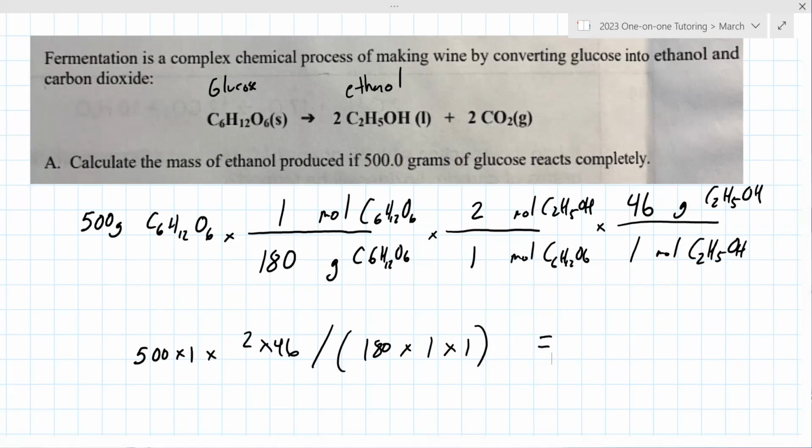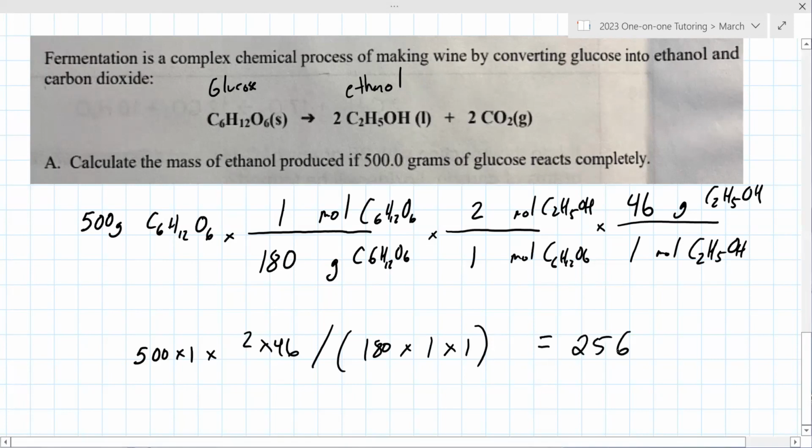I got 255. I'm going to round up to 256. 256 grams of C2H5OH.